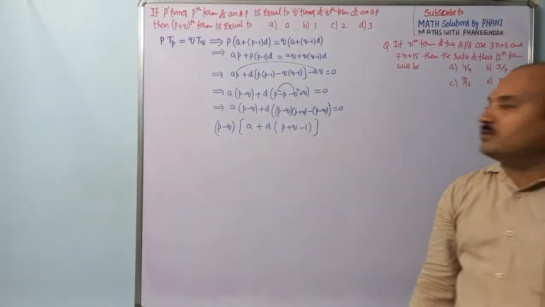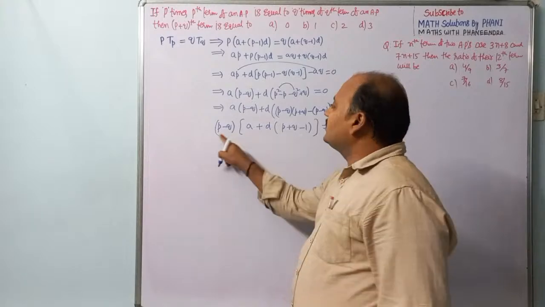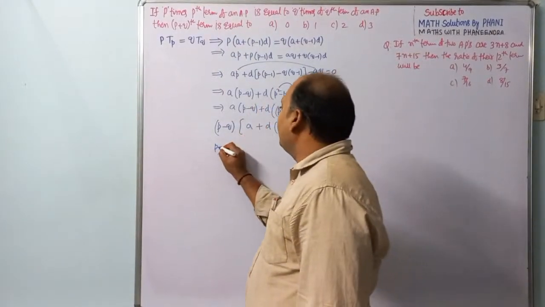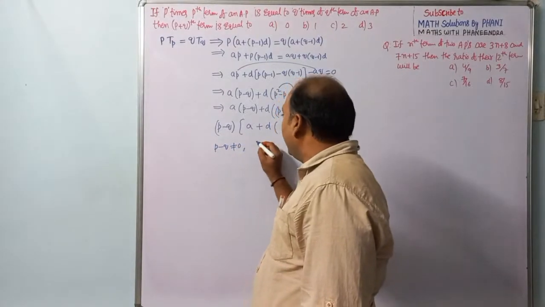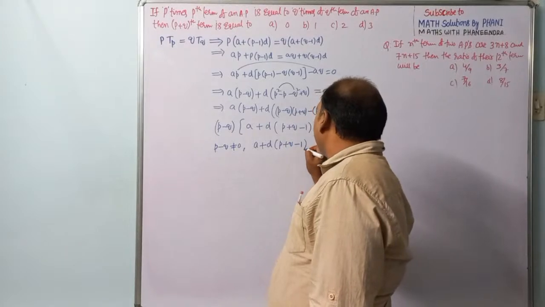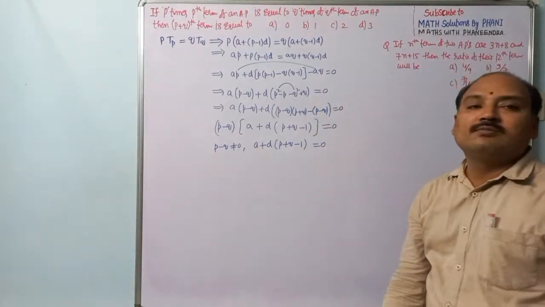Am I right, dear students? Equal to 0. Anyway, p minus q is not equal to 0. Why? Because the p term is separate, the q term is separate. Then a plus d into p plus q minus 1 equal to 0.